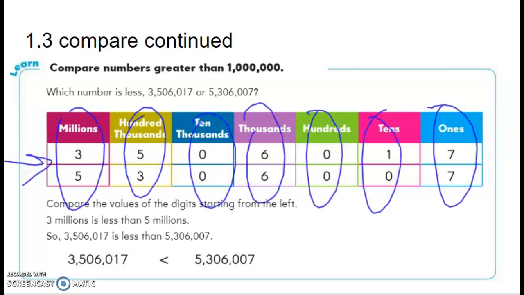And then suddenly start over here and say, okay, in the million spot, 3 million less than 5 million, so we know that that first number is less than the second number. All right, and then we don't really care about the digits after that first digit. Now, if the first digit is the same, then we have to keep looking until we find one that is different.